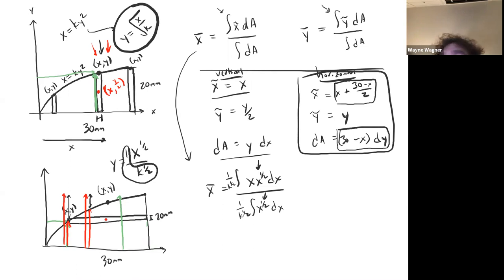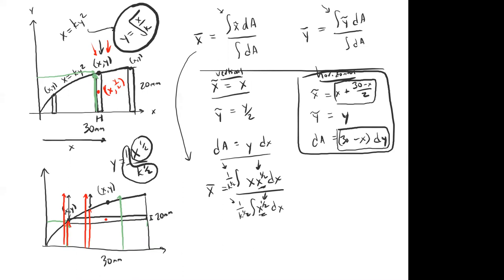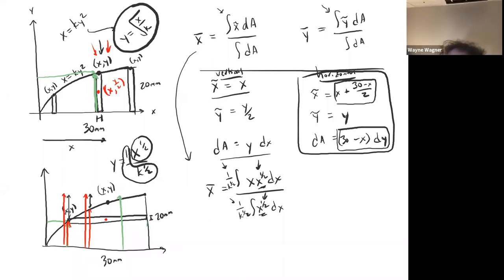And so what I did is I'm taking that 1 over k and I'm just bringing it out in front of the integral. Okay, and I'm leaving this x to the 1/2 inside the integral. Does that make sense? Okay, I shouldn't skip steps. My apologies.